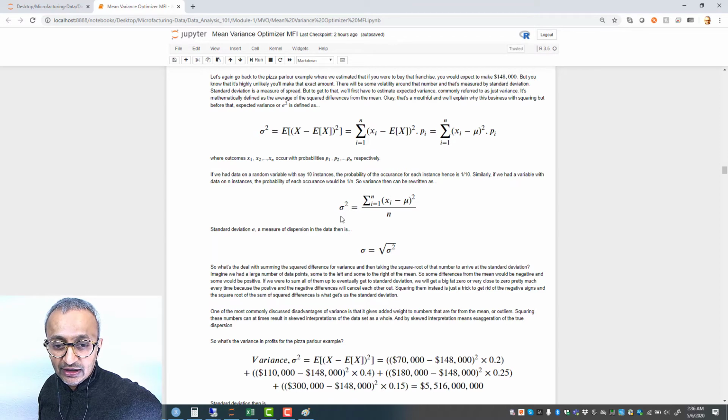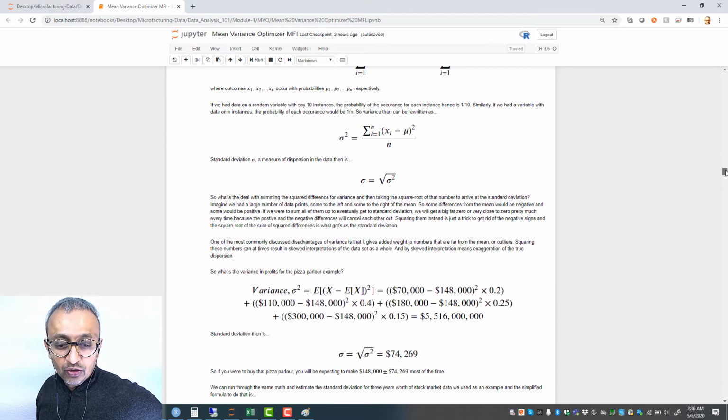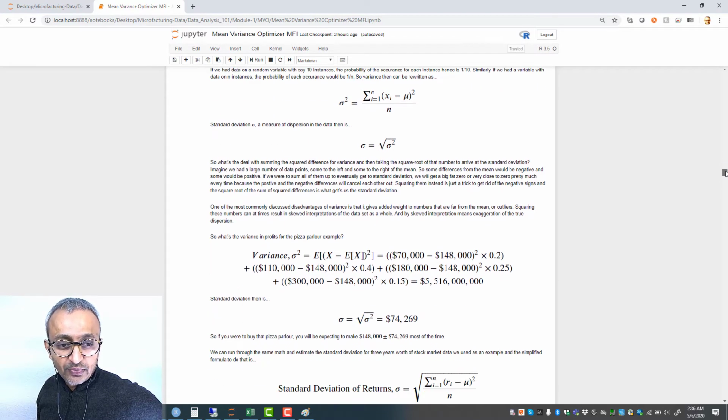If we have 10 instances, n is going to be replaced by 10, because this pi is going to be 1 over 10. If it's 100, 1 over 100, and so on. So each occurrence would be 1 over n. And the standard deviation is nothing but the square root of variance. So I hope that was clear.